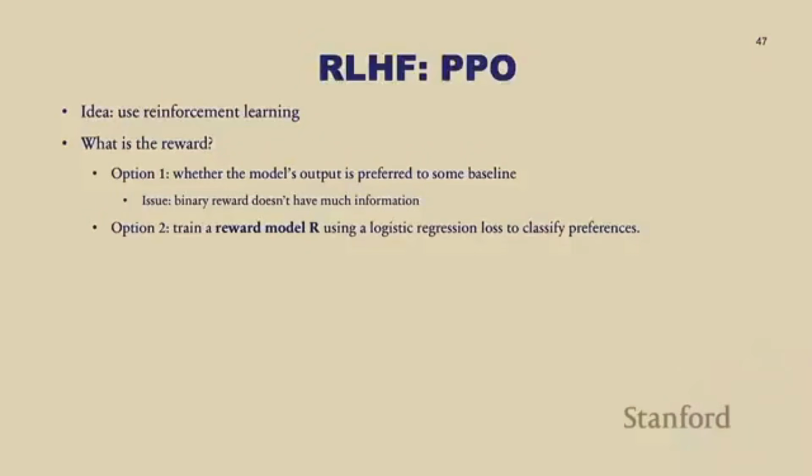So option two is that you can train what we call a reward model, which is simply a classifier. So you use machine learning to classify how much better two outputs are from the perspective of the human.